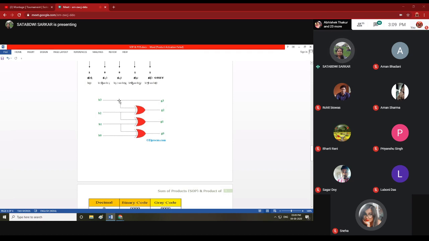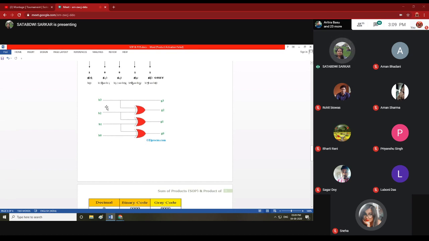Now B2 will be XORed with B3, and the output will generate the gray code, that is G2. Again B2 will be XORed with B1 and we will get G1. And in this way B1 will be XORed with B0 and we will get G0.